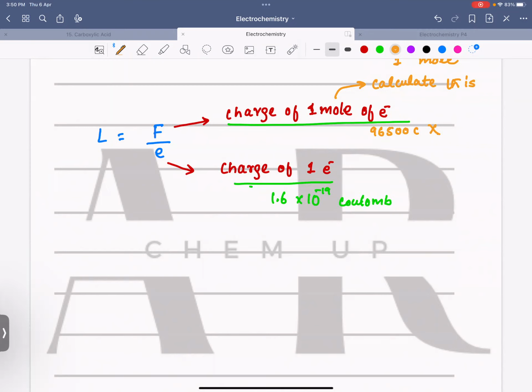So while attempting a question where you have to justify, prove or find Avogadro's constant, you don't ever use that 1 mole of electrons is 96500 coulomb. You calculate the charge of 1 mole of electrons from the data provided. Is this understandable to everyone? Yes.